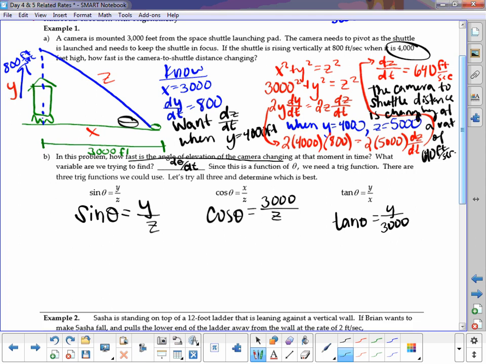So we can put that in once we take the derivative. But before we take the derivative, we would have over here dy dt and dz dt, and we don't know dz dt. Although actually we did just solve that, so I guess technically we could use that one there. So again, that 5,000 is after we've taken the derivative, then we can plug that information in.